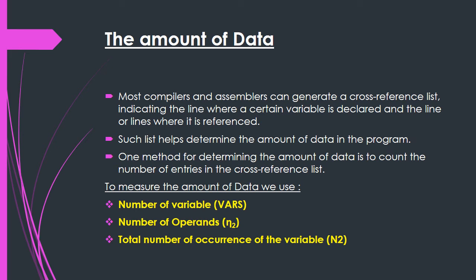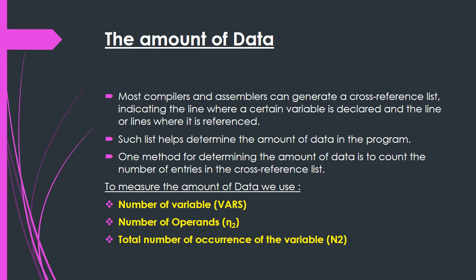That means one way to determine how much data is used inside the system is to prepare a cross-reference list. Most compilers or assemblers, which are the translators, prepare a cross-reference list, and in that list they mention all the lines where the variable is declared and all the lines where that particular variable is referenced.